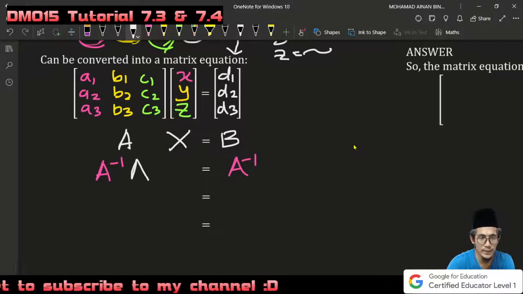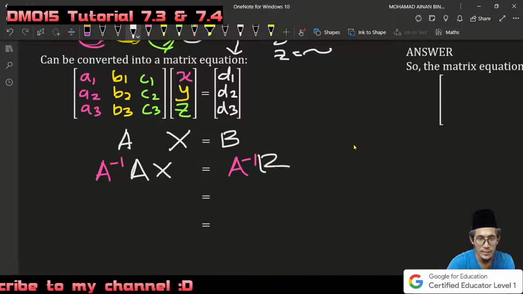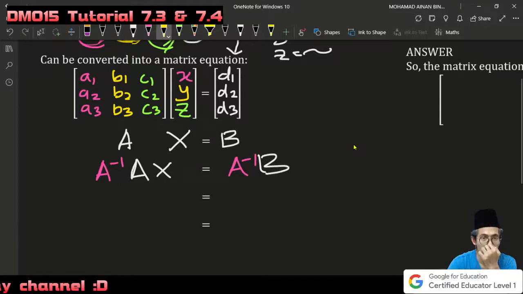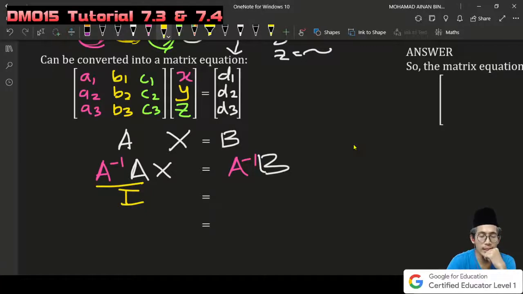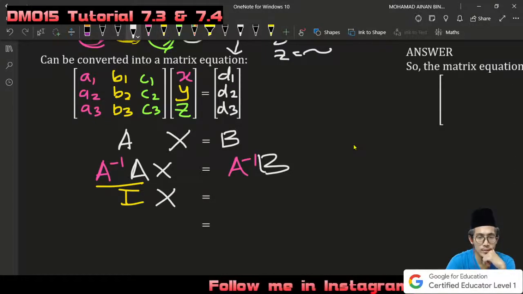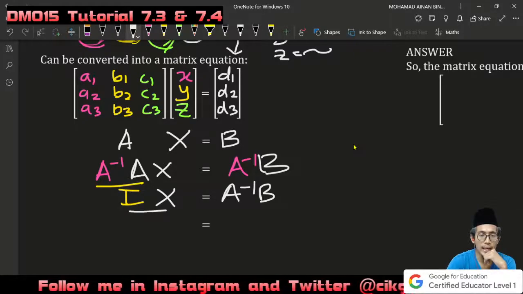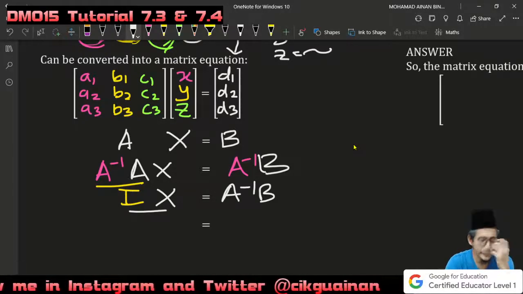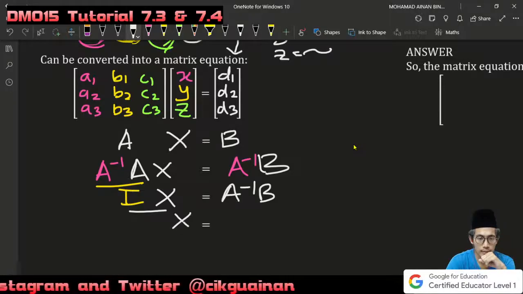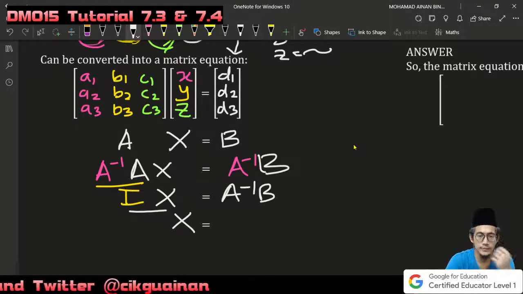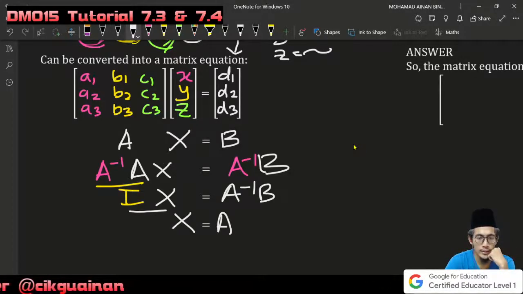Okay. The existing one is AX. And then B. Okay. Now, next, this one will become identity. Okay. And this one, biar gitu je lah. Okay. So, X equals A inverse multiplied by B. Now, IX, identity multiplied by X is X. X lah. Tak ada apa pun. Okay. And then, A inverse multiplied by B. Okay.